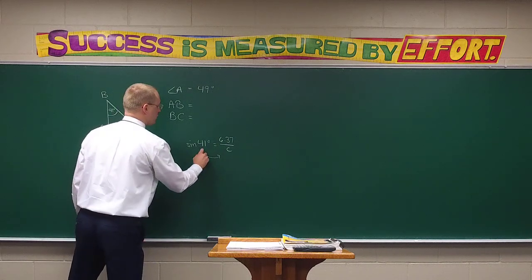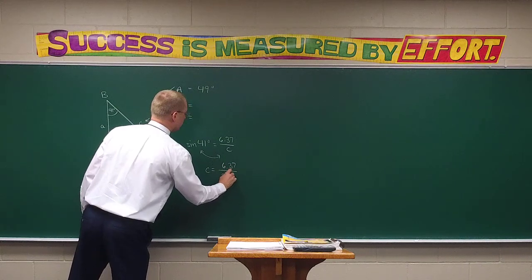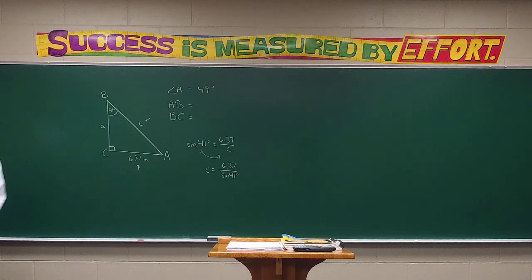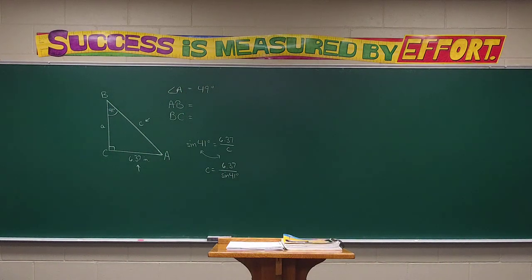We'll switch these two and say that C equals the 6.37 over the sine of 41 degrees. And what do we end up with? It would help for me to have my calculator here. End up with what for our answer? Making sure we're in degree mode, not radian mode, class. Approximately 9.71.